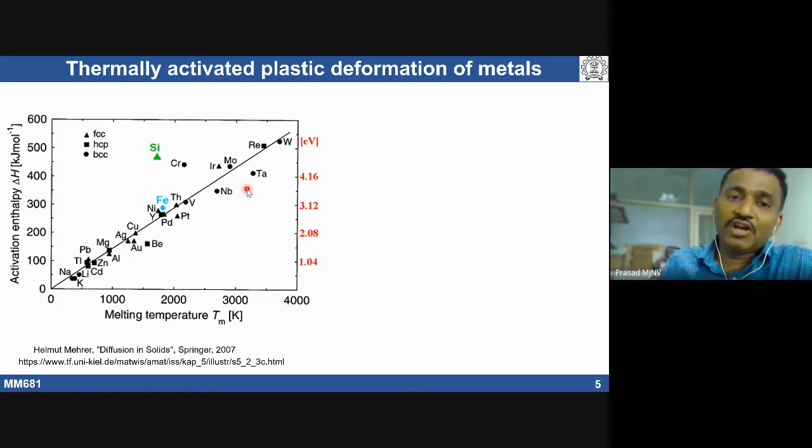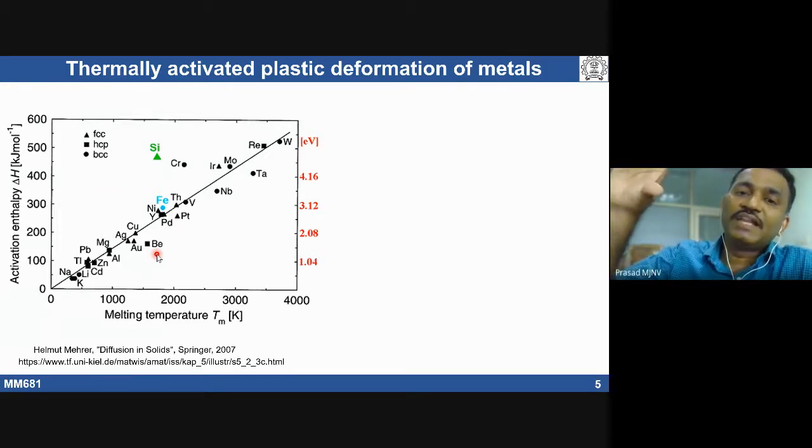Obviously aluminum. According to this plot, lower melting point materials will have a lower activation energy for their self-diffusion as compared to high melting point materials. It depends on melting temperature, and the diffusion is going to vary. A higher melting point can lead to a higher activation barrier.